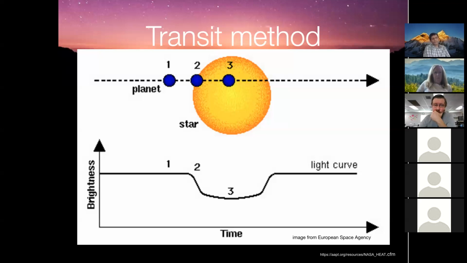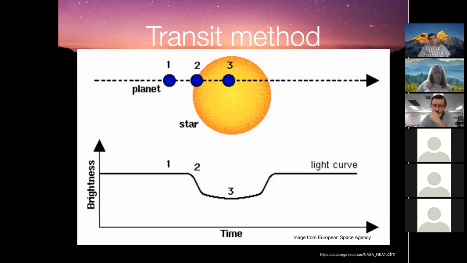So assuming that we do have this particular orientation where the planet moves in front of the star, when the planet transits or moves across the star, the total amount of starlight is going to decrease, and it's going to decrease by just a little bit. One note: this method requires a star to be giving off a nice steady amount of light. Specifically, we're going to be looking preferably at main sequence stars.